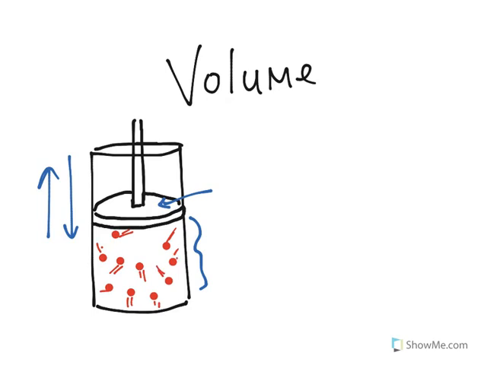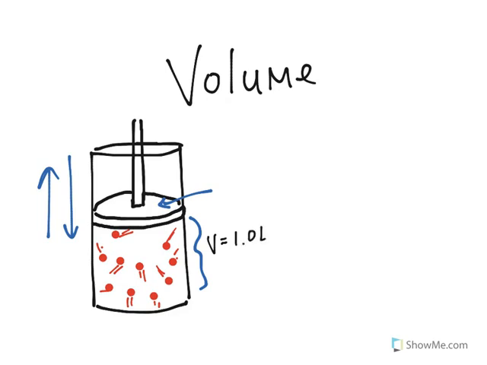Now, what if we were to lower the piston? I know I said pretend we have a very small cylinder, but so that you can understand the concept, let's go back to just saying that the volume here is equal to 1 liter.